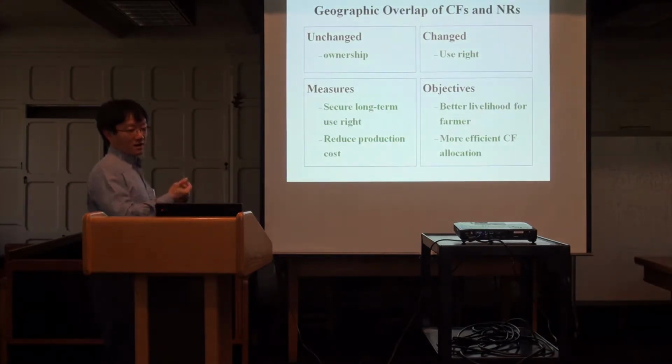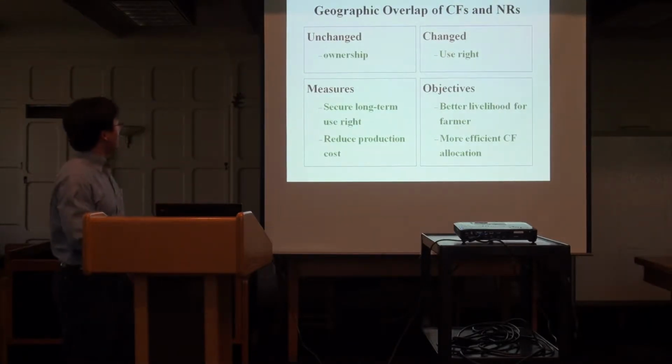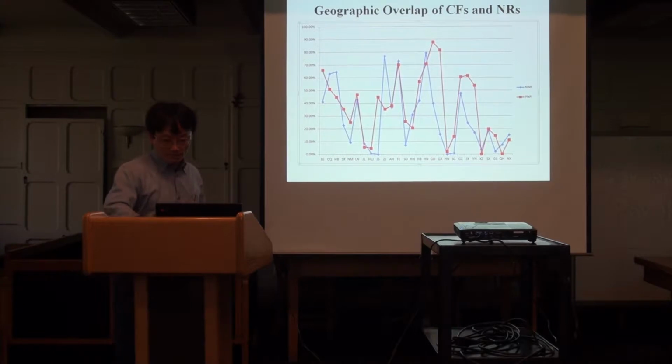Here is the geographic overlap of the community forest, collective forest, and nature reserve. I'll show you. This line and this dot indicate the provincial nature reserve.